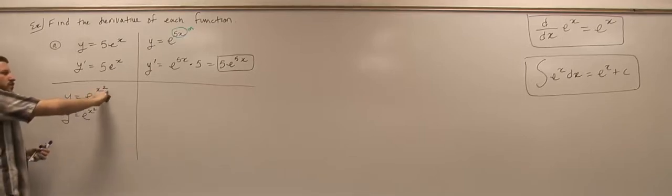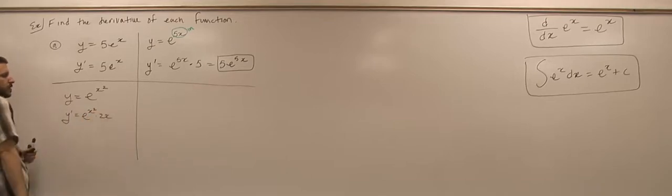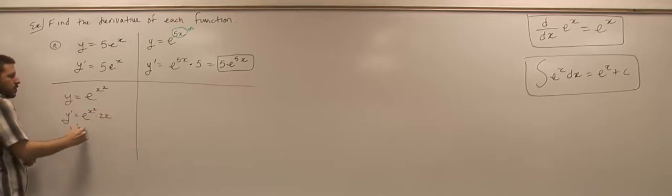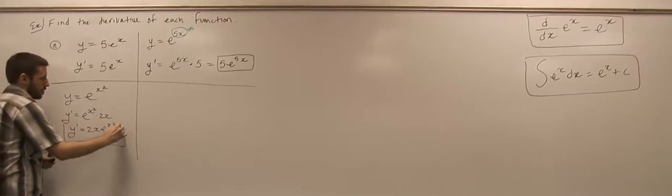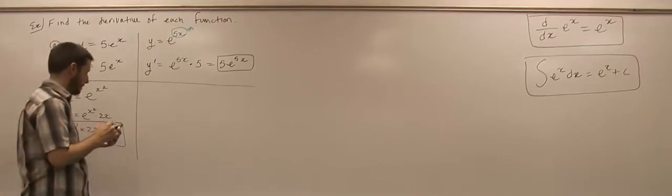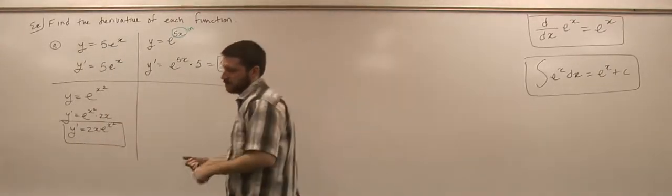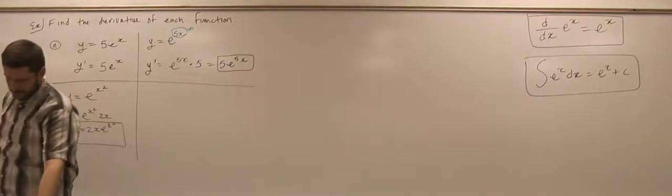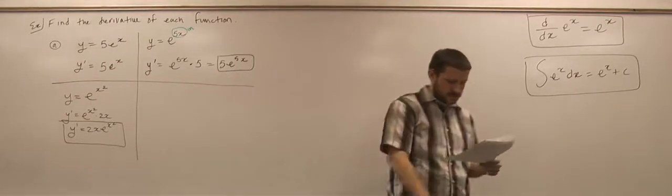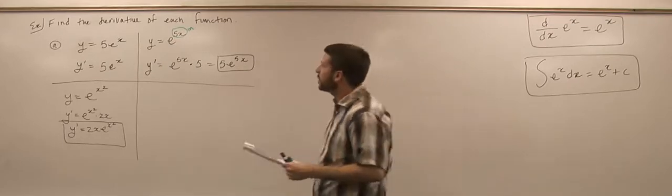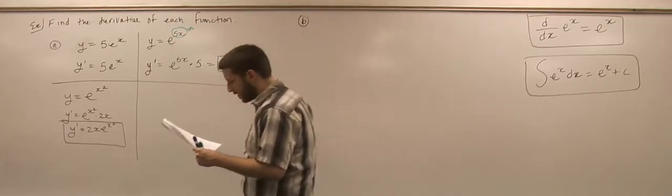Chain rule tells you to do the derivative of x squared, which is 2x. So y prime will equal 2x e to the x squared. What do you think? Easy? Hard? Easy. Good, I agree.